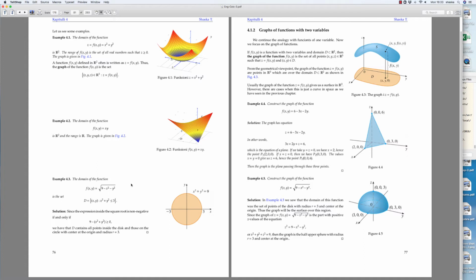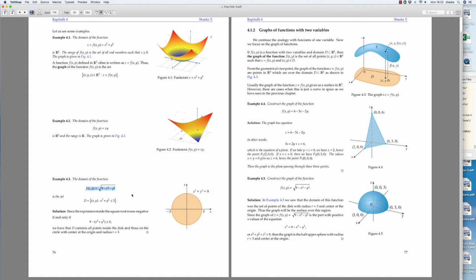All right, what about another one? What about the domain of the function square root of 9 minus x squared minus y squared? Well, in this case, the function makes sense only when the value inside the square root is not negative.